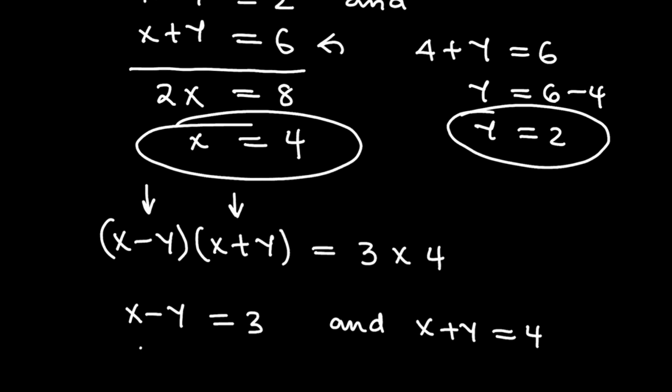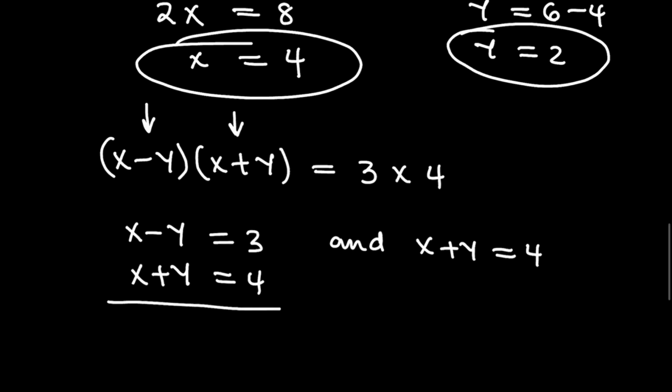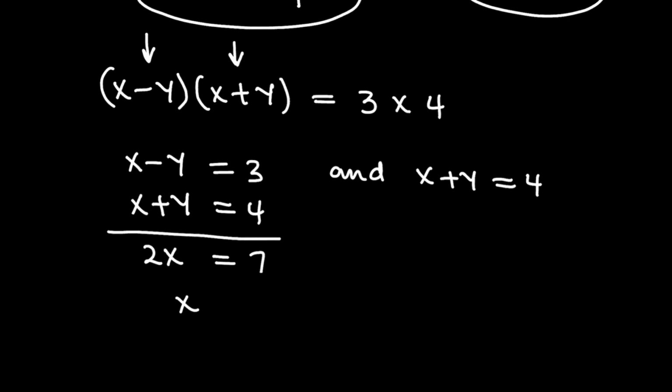As usual, if we add up the two equations and then solve simultaneously, we see 2x is 7, and solving for x gives us 7 over 2, which is 3 1 over 2, or 3.5.